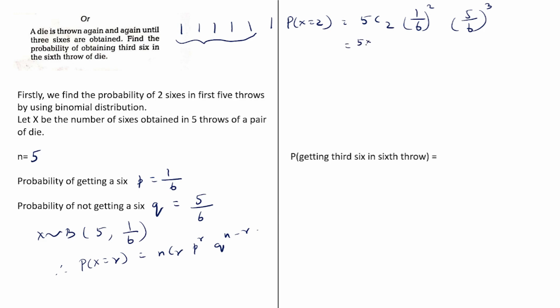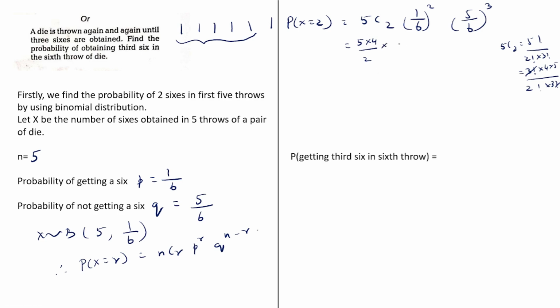So this is 5 into 4 upon 2. Here 5C2, if you recall, is 5 factorial by 2 factorial into 3 factorial, or 3 factorial into 4 into 5 upon 2 factorial into 3 factorial. So this 3 factorial and this 3 factorial will go. As a result, here we have 5 into 4 by 2. So 5C2 is 5 into 4 by 2.